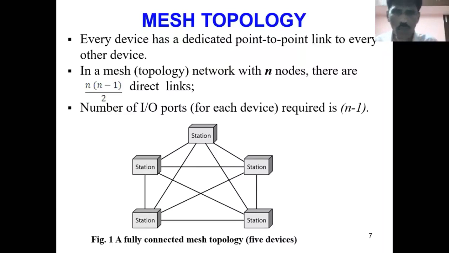In a mesh topology network with n nodes, there are n times (n minus 1) over 2 direct links. At the same time, the number of I/O ports required for each device is n minus 1. It is a simple arithmetic formula.